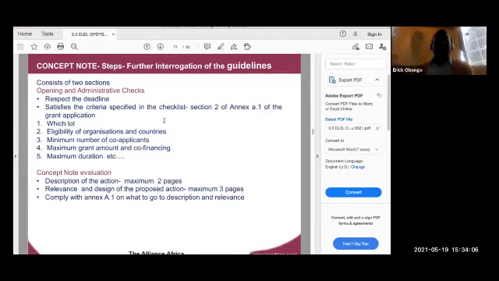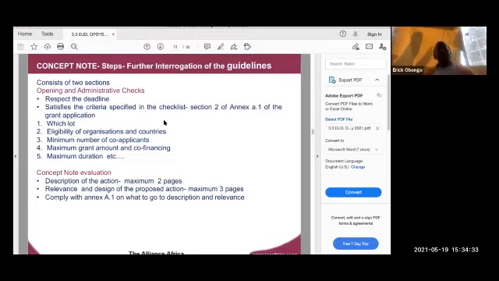There's also the duration of the program, which participants and applicants are supposed to take into account. So once you make sure that these issues are adhered to, then you can say that now you are comfortable and you'll be able to submit your concept notes to the European Commission.